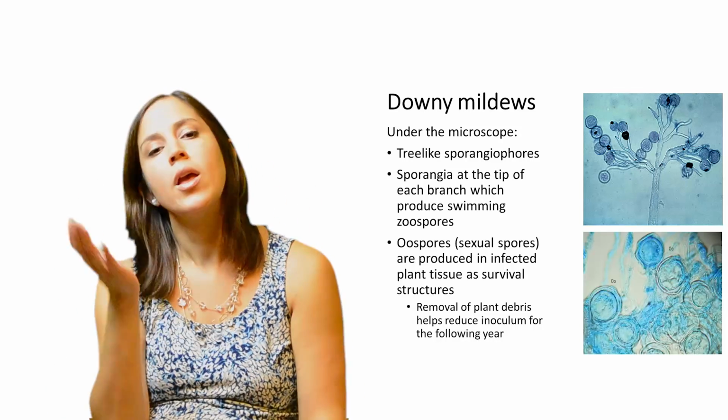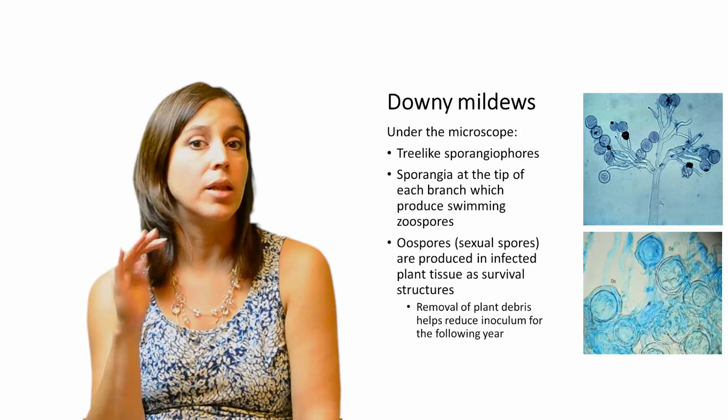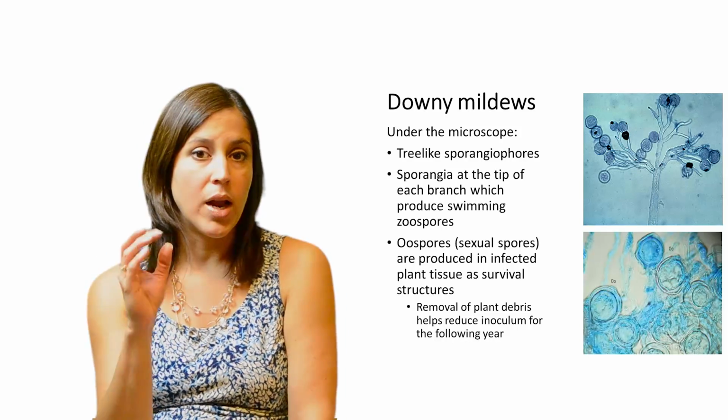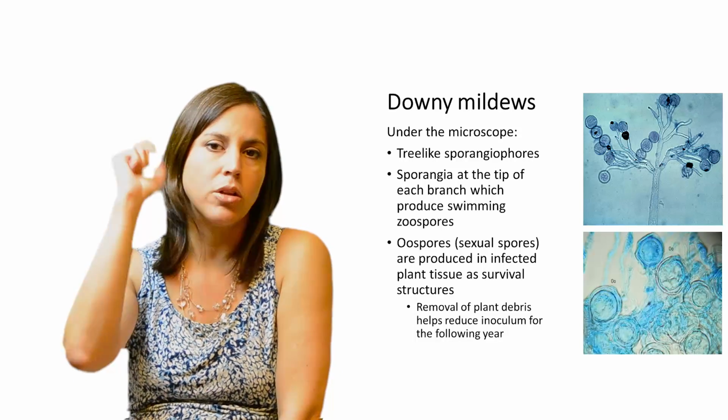And zoospores, if you remember, can swim because they have flagella, and therefore they can move a little bit more. That's basically the picture on the top of the slide.